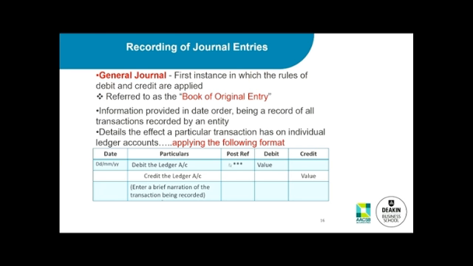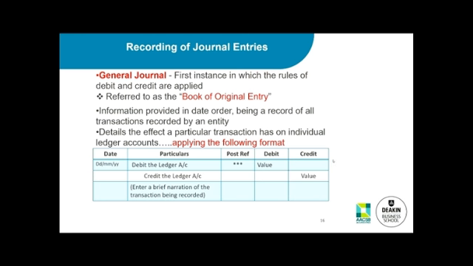We also may have some reference to help identify the transaction. It could be a check number, or it could be an account number, or something that we want to put in there. And then we have the value of the transaction, both for the debit and the credit, and as we said, they should be the same.